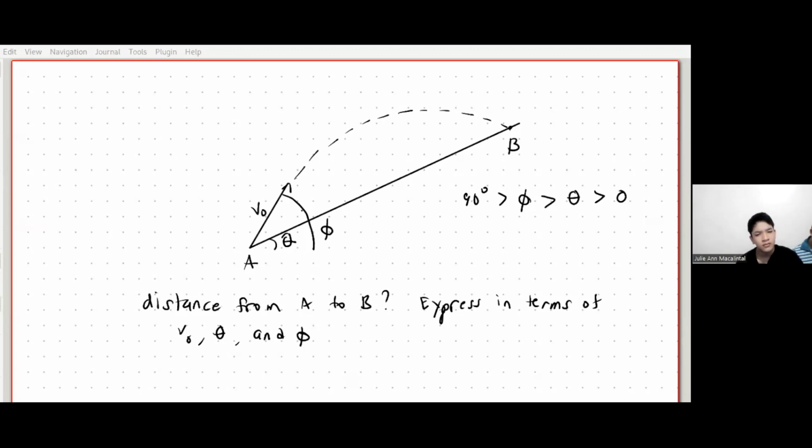Kaya, so, nasend ko na sa messenger. To make use of this L. So, para pwede mong kopyahin.